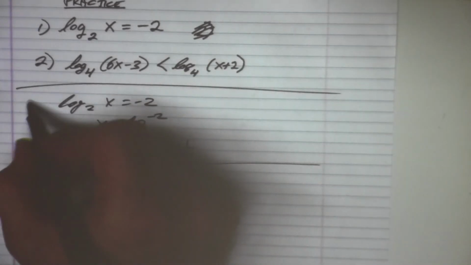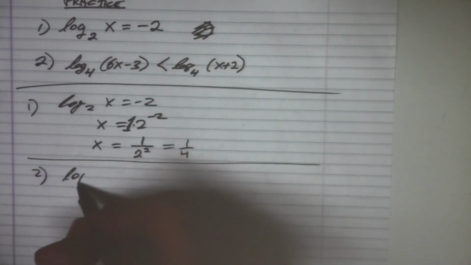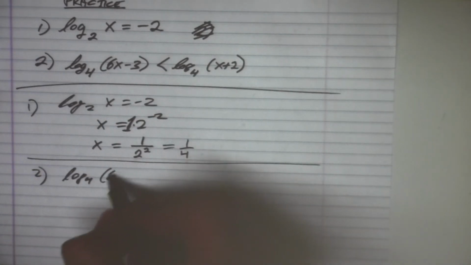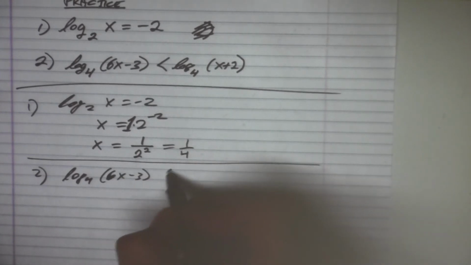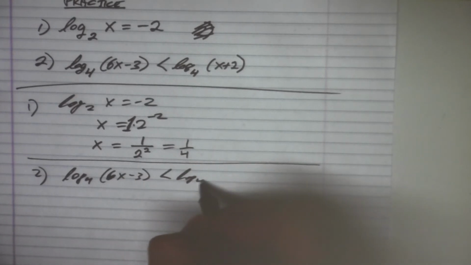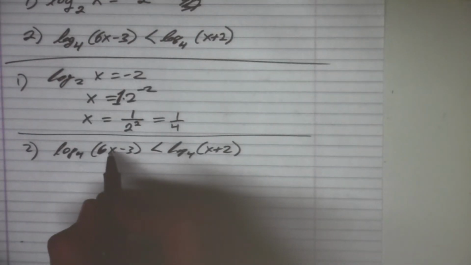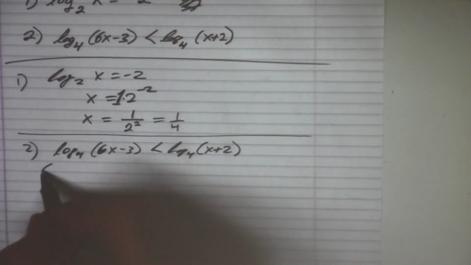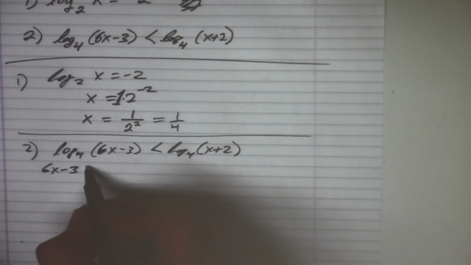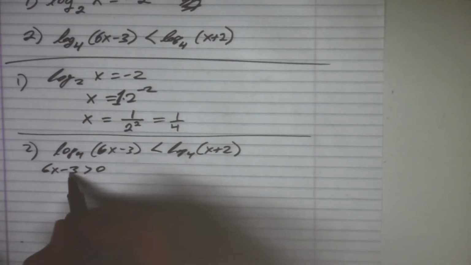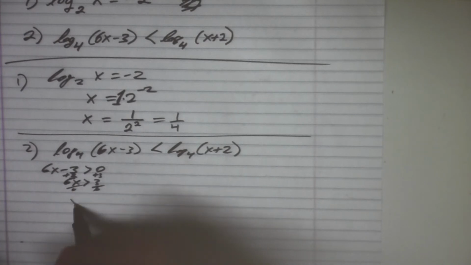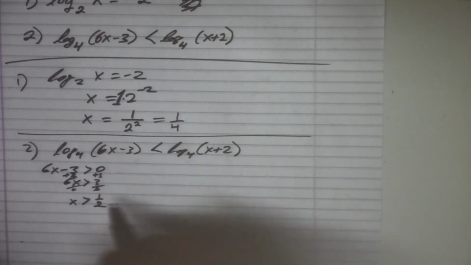Now the second one. Log base 4 of 6x minus 3, less than log base 4 of x plus 2. Let's identify here that for this one, 6x minus 3 has to be greater than 0. Add 3 to both sides, 6x greater than 3, divide by 6, and x is greater than 1/2.